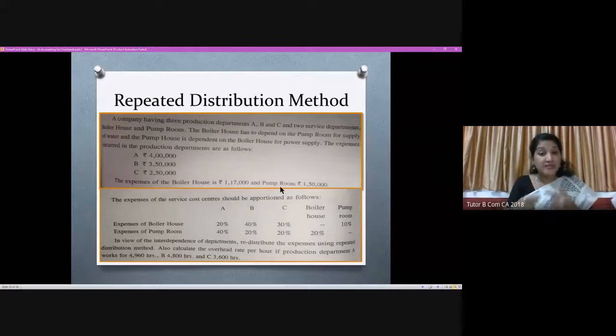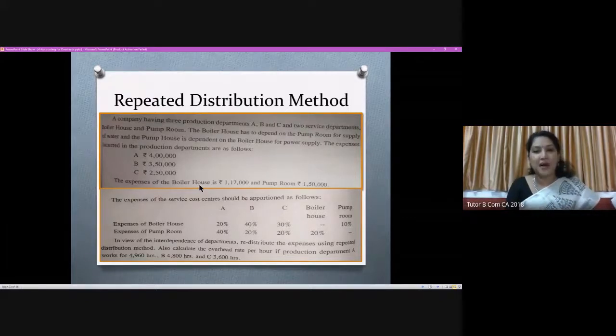We will do the same thing when I reapportion the expense of pump room. In that case, I will reapportion that to department A, department B, department C, and to boiler house. This process is going to be continued until the expenses of service department are nullified or reach a very minimal level.